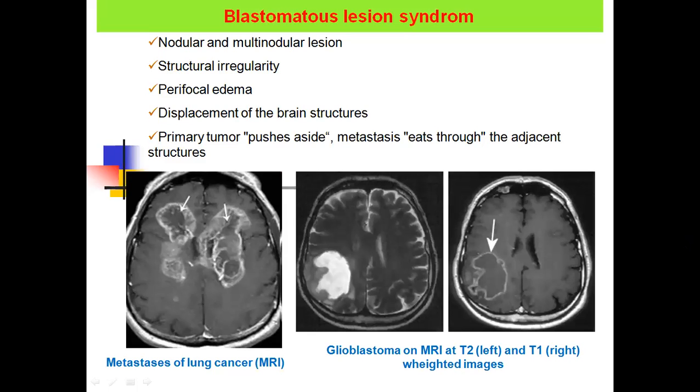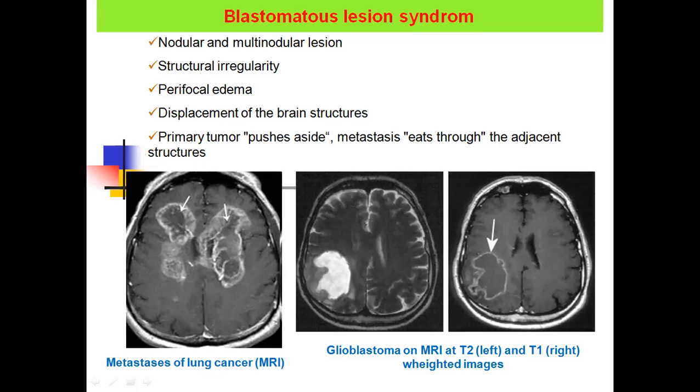Syndrome of blastomatous growth presents such radiological features as nodular and multinodular lesions, irregularity of structures. Usually, blastomatous lesions are accompanied by perifocal edema.